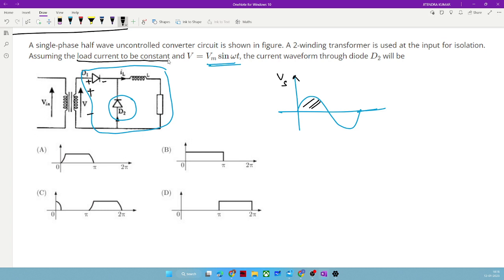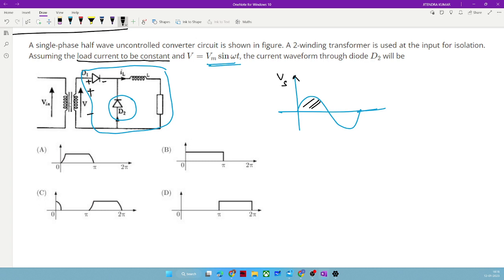Even if it was not mentioned, we would have assumed that if inductor is present there, it is indicating that our load current is meant to be constant, and we need to identify the current waveform through D2. So D2 will definitely not conduct for first half cycle, right?